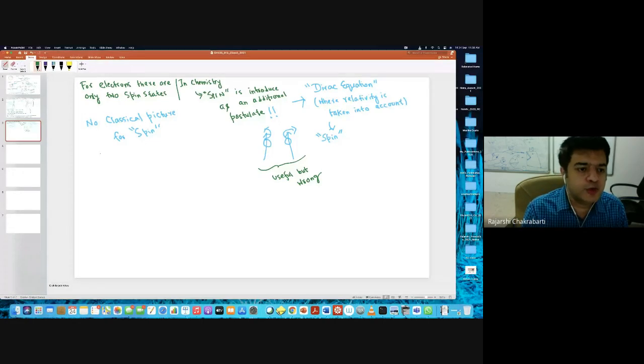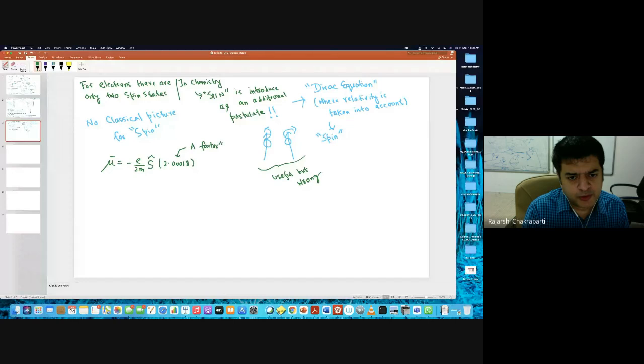And if you do quantum mechanics for electron, you'll see the magnetic moment. I had told you it is minus e by twice m times S, and then there is a factor 2.00-something that comes. I'm not explaining this factor. It comes because of experiment.